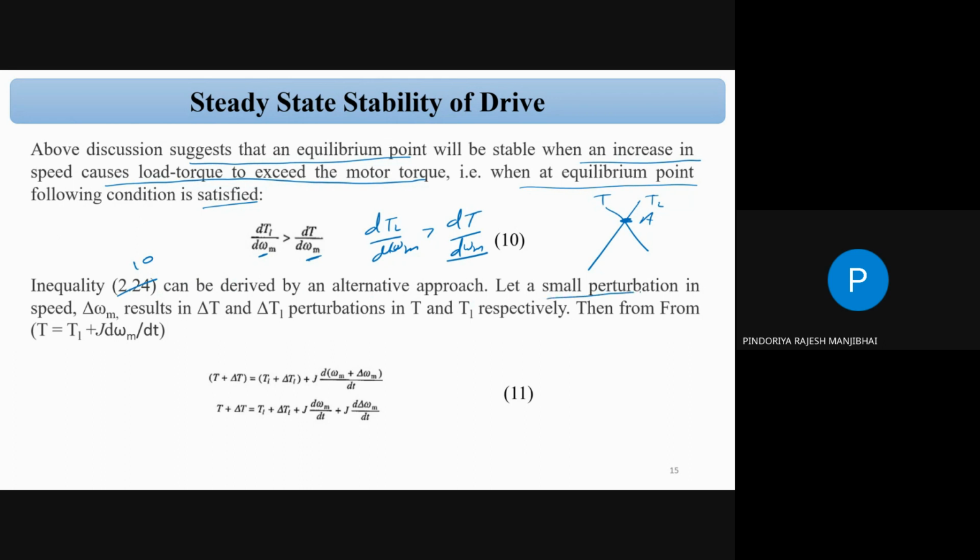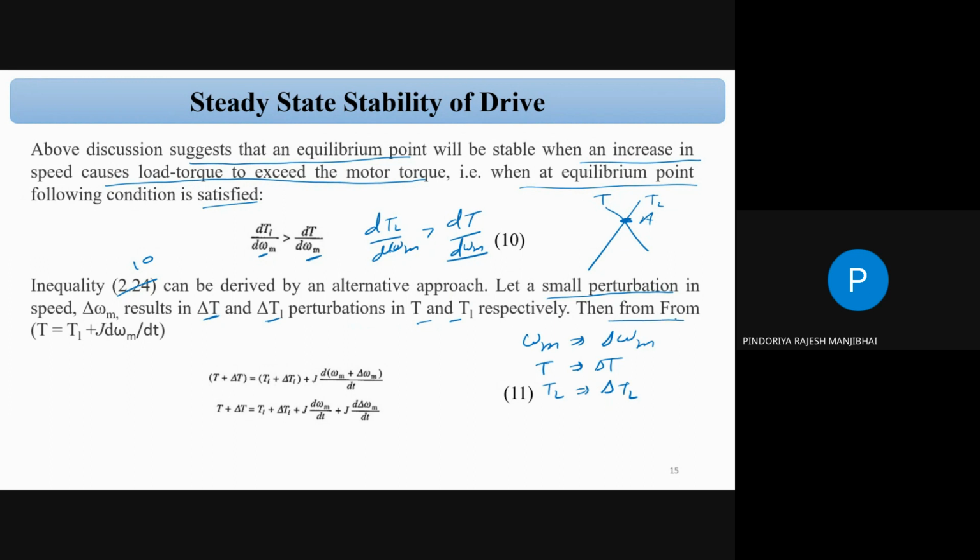Let a small perturbation, a small variation in the speed, delta omega m, result in delta T and delta TL perturbations in T and TL respectively. Suppose you change omega m to omega m plus delta omega m. Similarly, the motor torque changes by delta T and the load torque by delta TL.